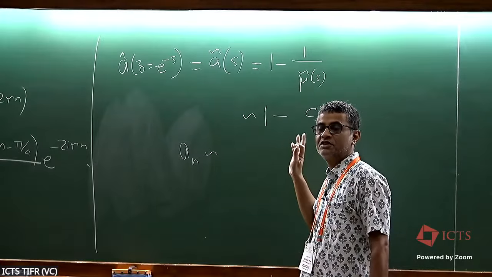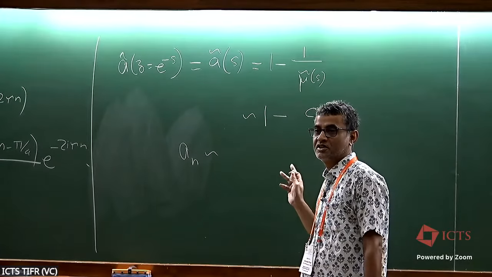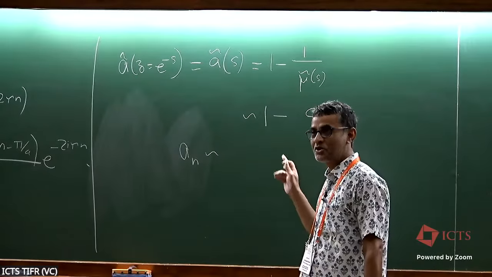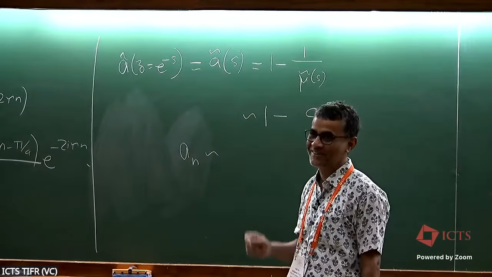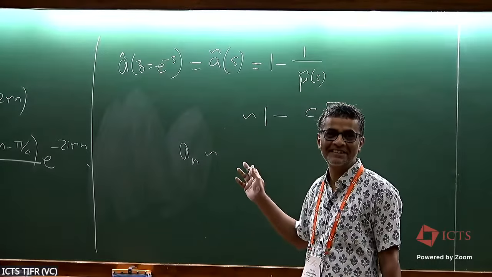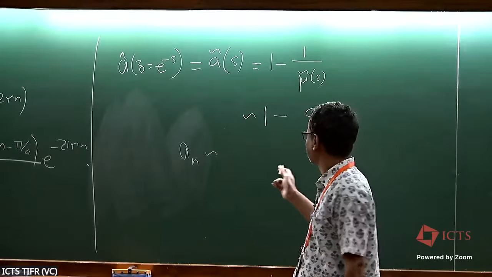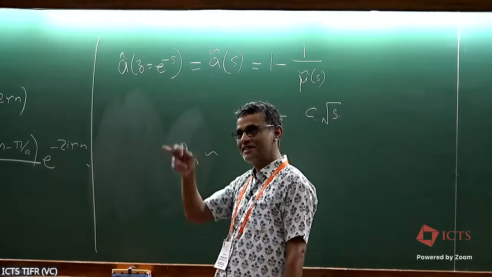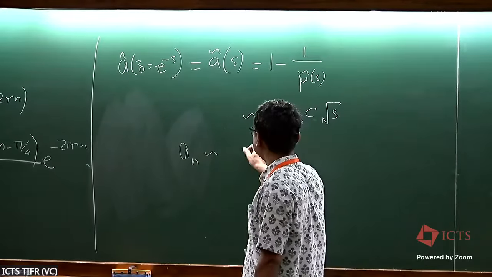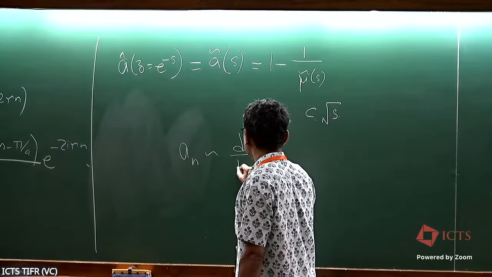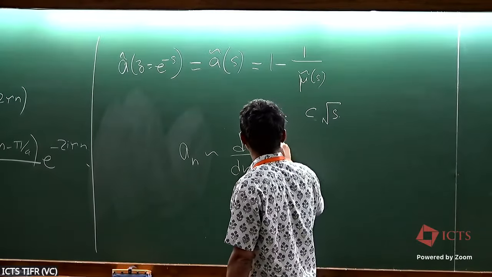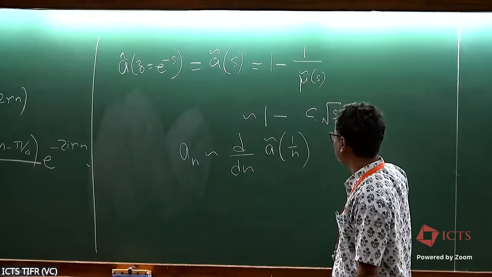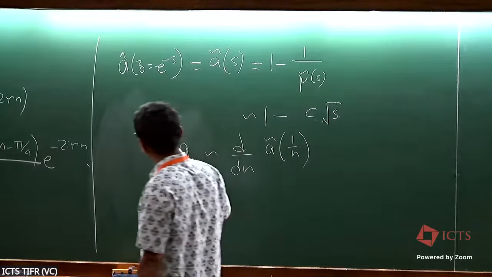There was some trick that we used. You did this in the random walk, in the tutorial yesterday. So you just replace ddn by... and this we discussed a lot in the earlier class.